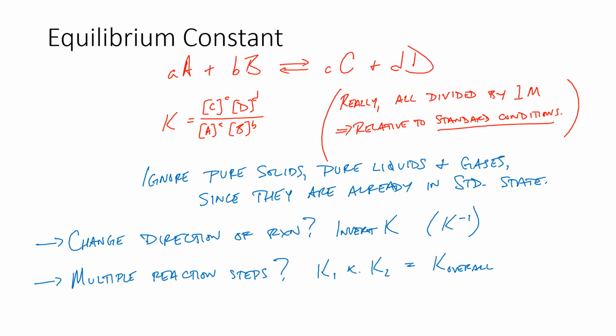Excellent. Yeah, we multiply those equilibrium constants together when we have an overall reaction. We'll talk a little bit more about multiple steps in a later slide. So that's the basics. Like I said, there will be some homework problems associated with that, so if you have any questions, let me know.